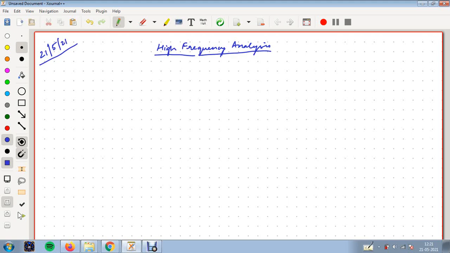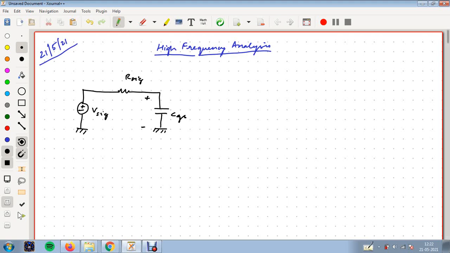So just to briefly recap, the circuit diagram which we have drawn earlier, in the last class. That was this plus minus V signal. This was grounded. Then you have R signal. Then you have CGS.